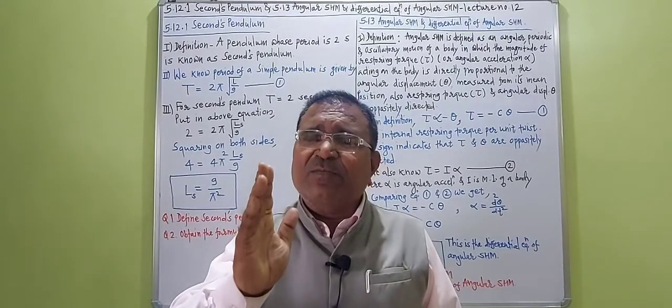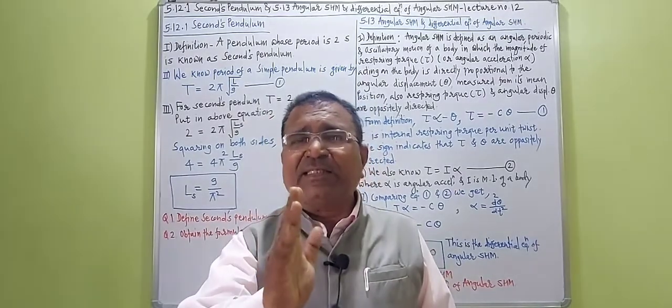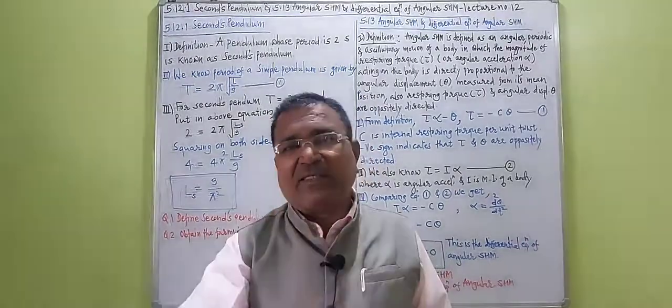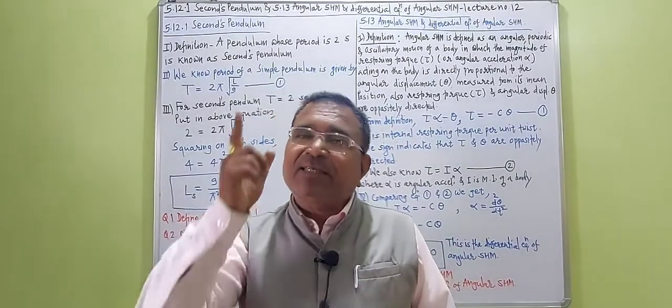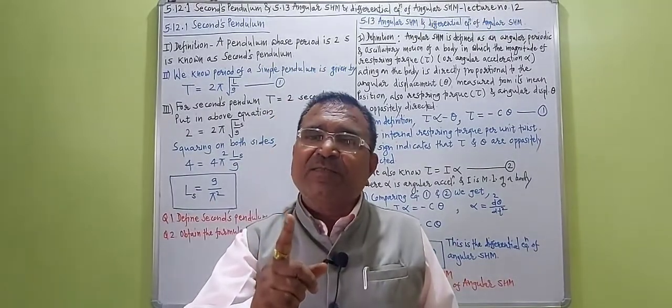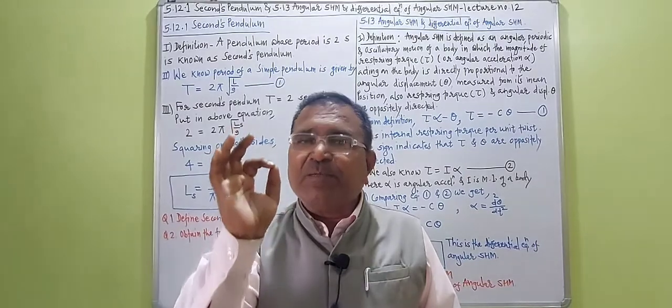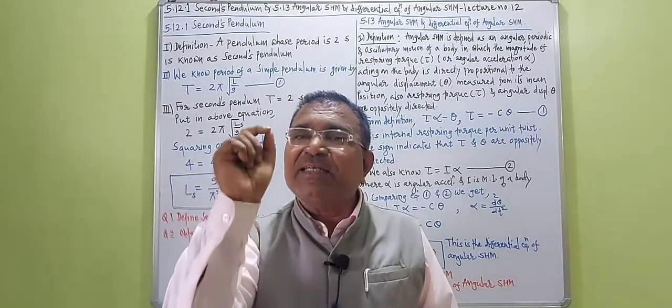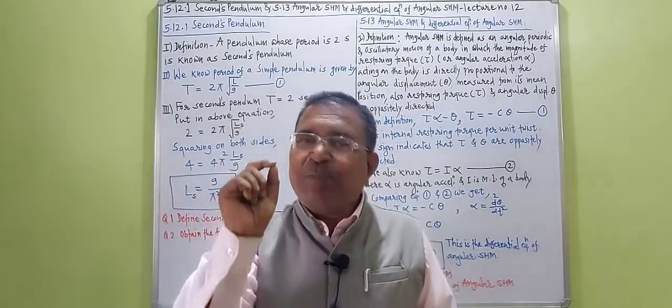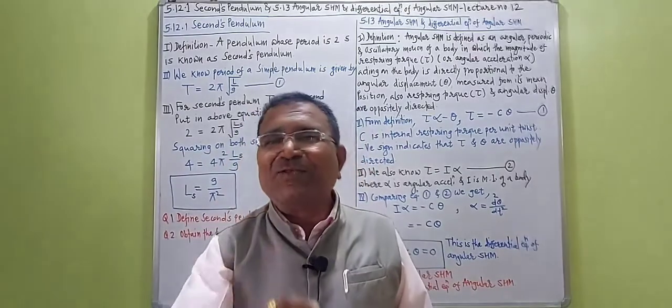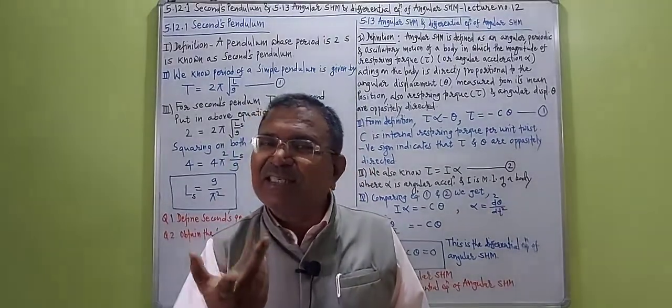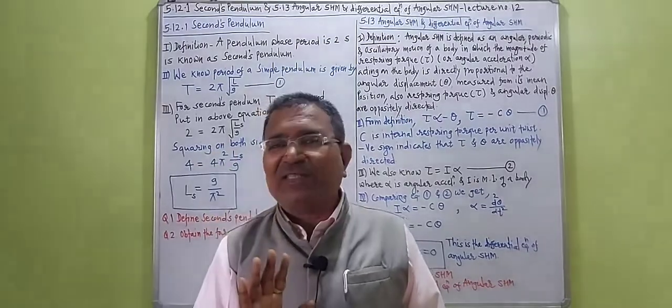Seconds pendulum, the title itself suggests the period is 2 seconds, and so the definition itself becomes: a pendulum whose period is 2 seconds is called a seconds pendulum. Very simple definition.